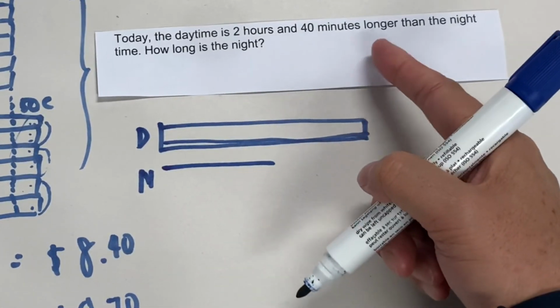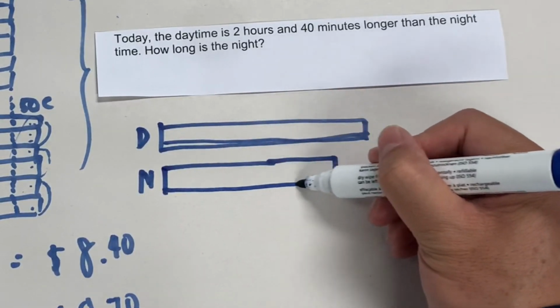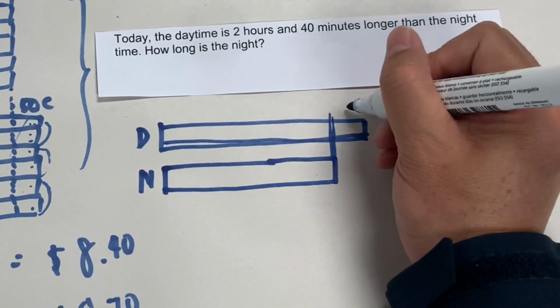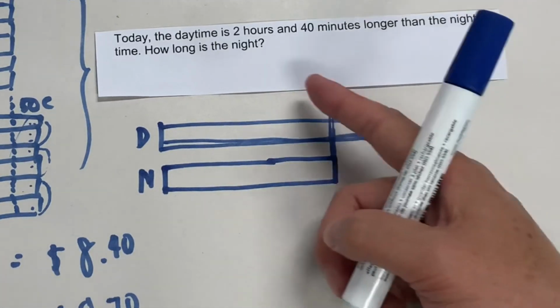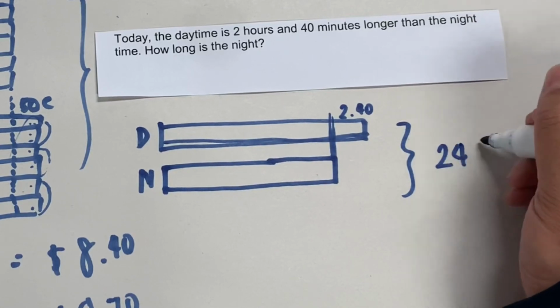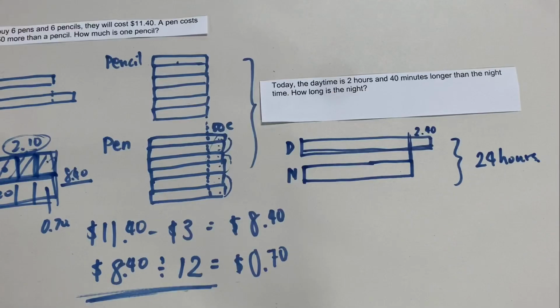And daytime's 2 hours and 40 minutes longer. So this is 2 hours and 40 minutes. And the only thing it doesn't say is together it should be 24 hours.